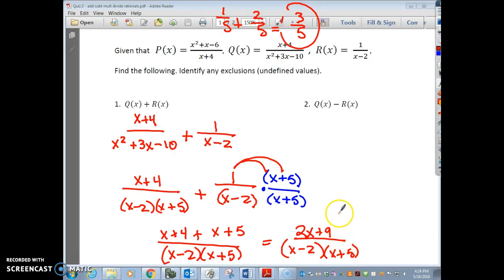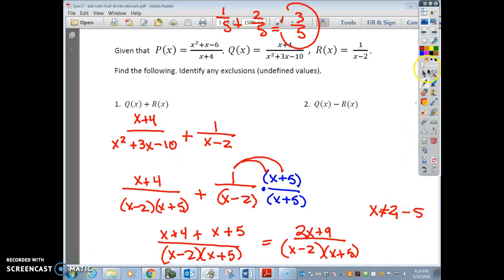And that's it. Oh, my exclusions here. This is the final version. So what numbers can I not plug in here? It's going to be x cannot equal 2 and negative 5.